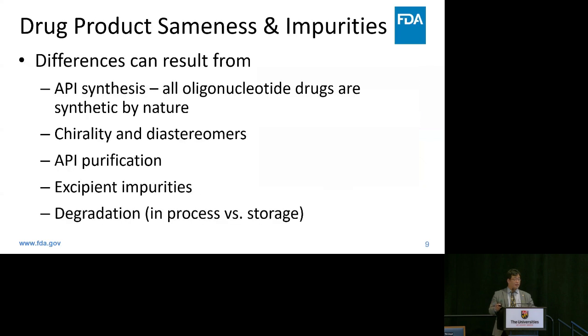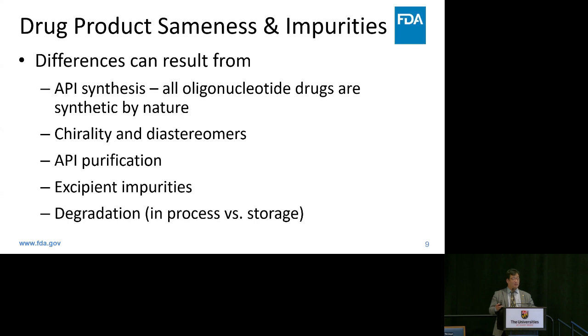Drug product sameness and impurities: the differences can result from API synthesis. All oligonucleotide drugs are synthetic by nature, which is a good thing, because then we avoid this whole issue of the cellular contaminants from recombinants. None of these are recombinant products, right? So you can avoid this whole conversation we had this morning in reference to oligonucleotides.